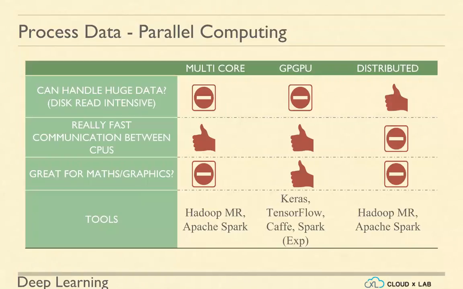All right. So we talked about three kinds of computing for processing the data. One is multi-core, like the dual core, quad core, the normal computers that you have. Then we have GPU, which is general purpose graphical processing unit. These were the units that we used for playing games, right?